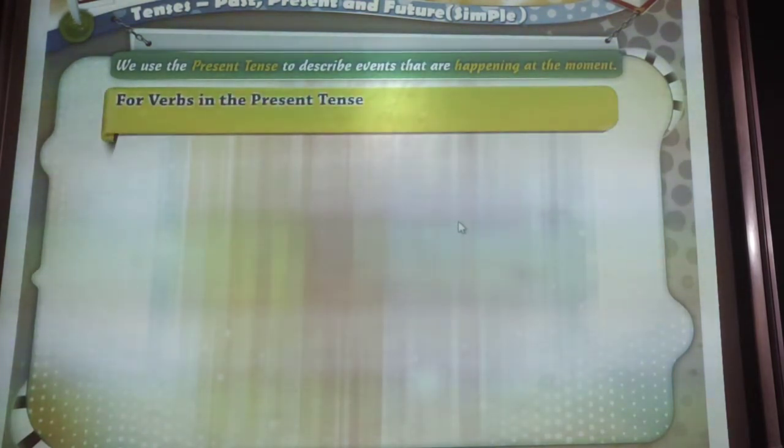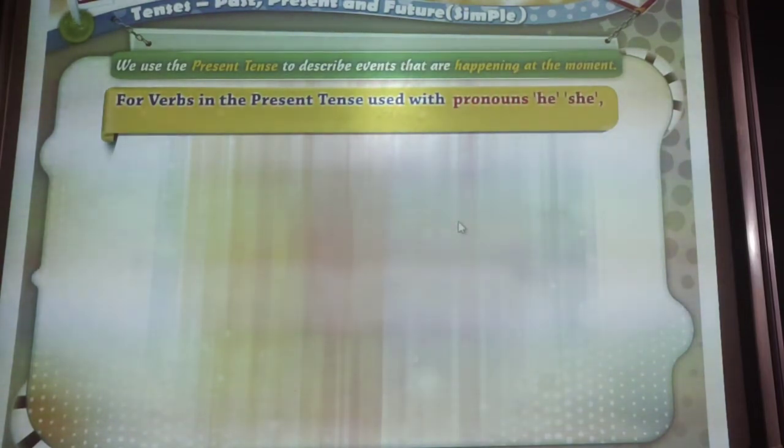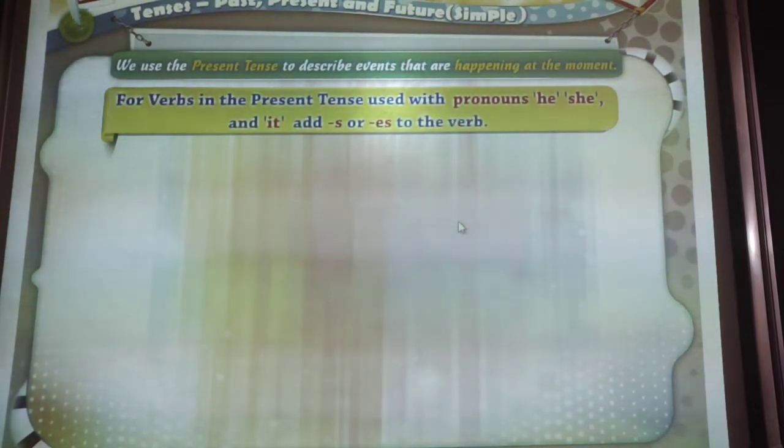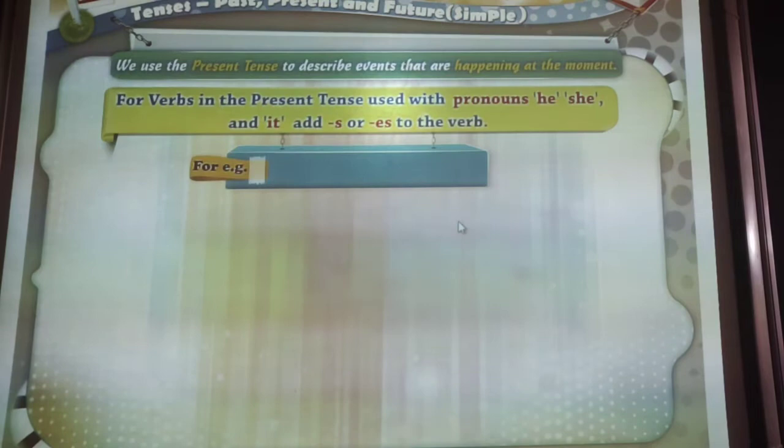We use the present tense to describe events that are happening at the moment. For verbs in the present tense used with pronouns he, she, and it, add s or es to the verb. For example, he jumps very high.